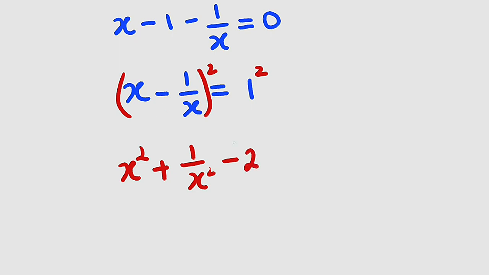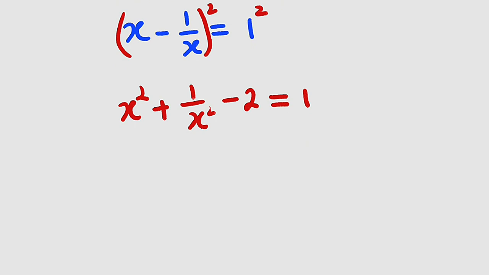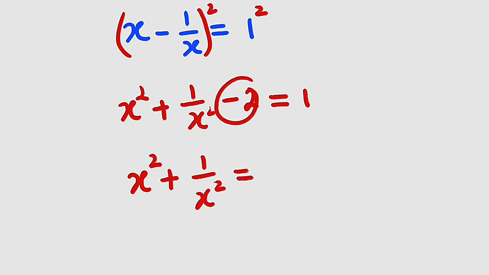You take 2 and multiply by these two terms. If you multiply these two terms together, you get negative 1, and negative 1 times 2 is negative 2. This is equal to 1 squared, which is 1. So our equation now becomes x squared plus 1 divided by x squared equal to, if you take this one to the other side, it becomes positive 2, and 1 plus 2 is 3.